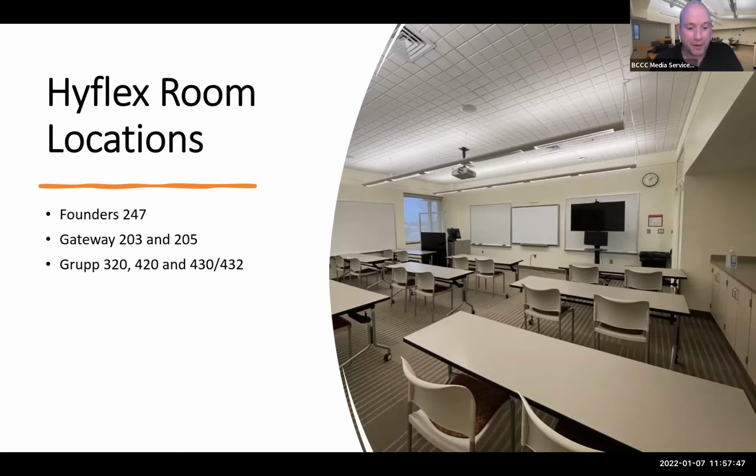This is similar to what anyone who has been in our dedicated multi-campus rooms, Gateway 119 and the rooms at Upper and Lower Bucks, will remember, other than the fact that there are 2 cameras in there, so there's a little bit of a difference, but typically we would have 3 camera settings in the room. 2 would be focused on the instructor, and the 3rd would be focused on the students in the room.